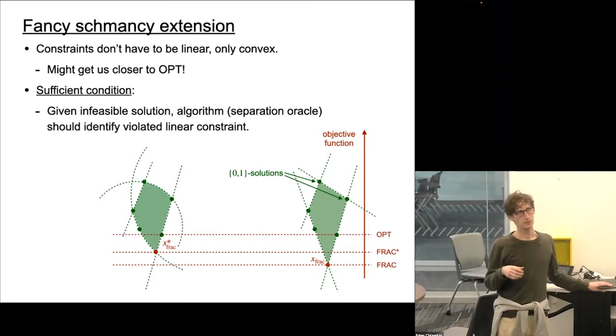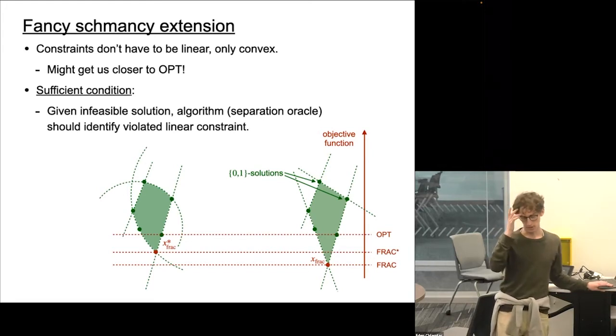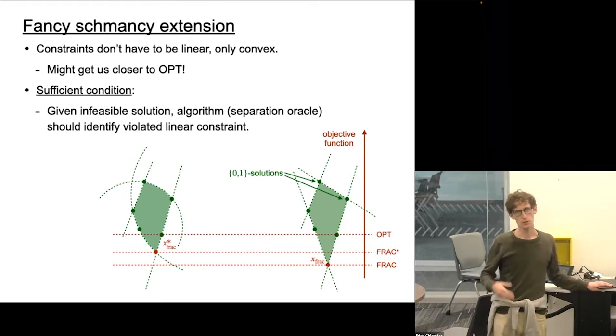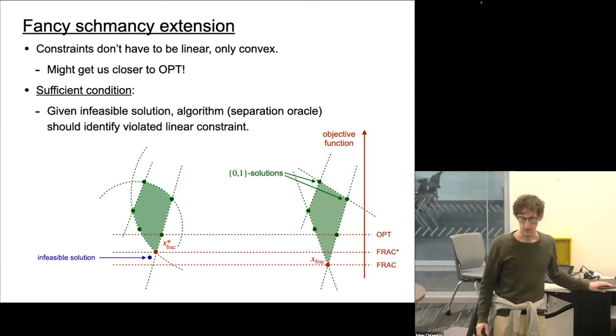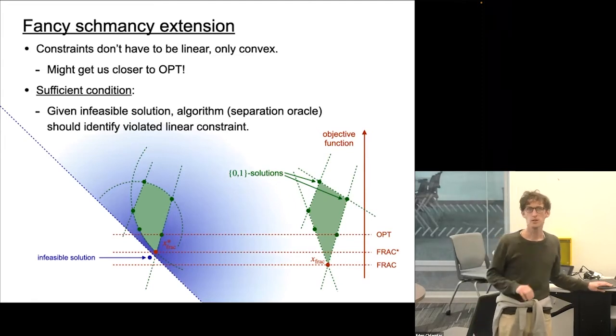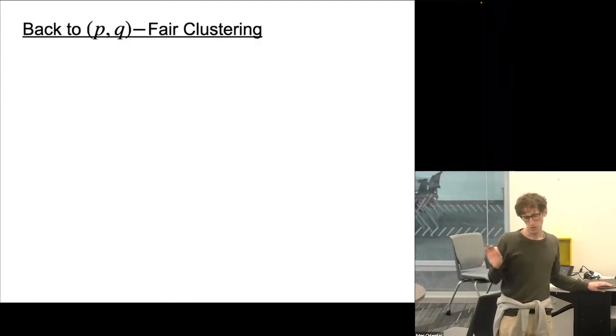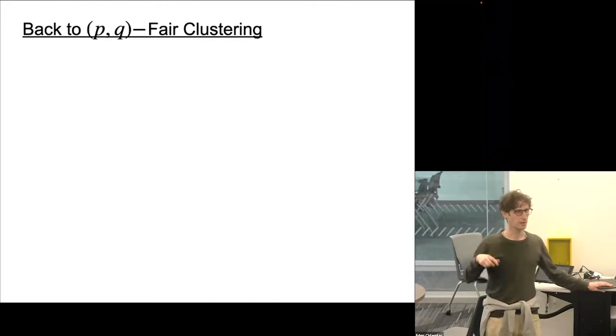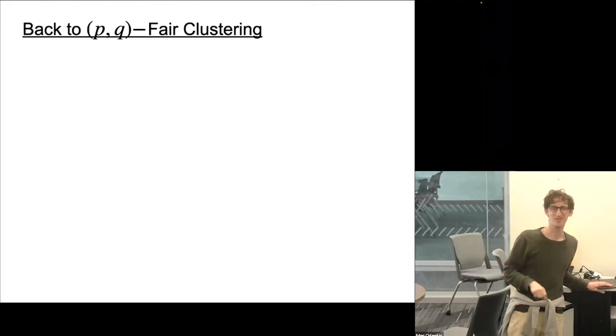And in fact, the only thing that we require for these convex constraints is that we have a separation oracle, just a way to identify a violated linear constraint, and then we can use the ellipsoid algorithm, and so on. I'm harping seemingly needlessly on that, but I just want to get back to it later in the talk.